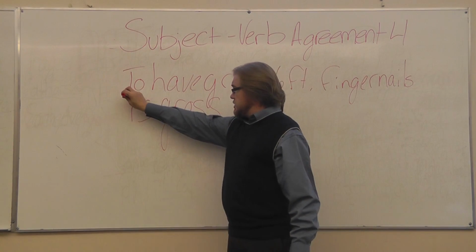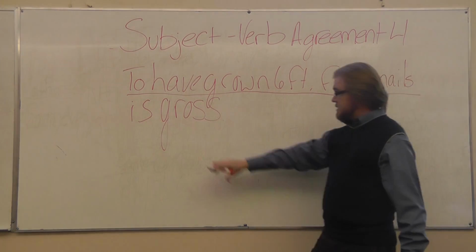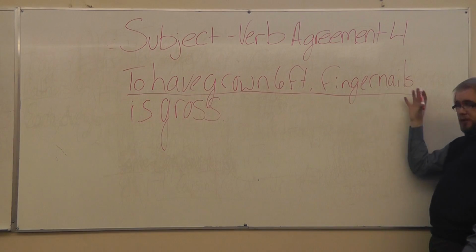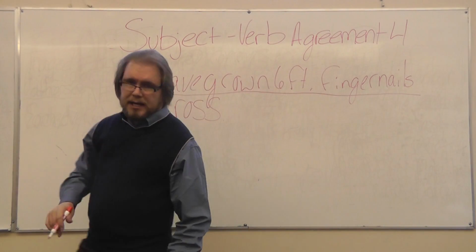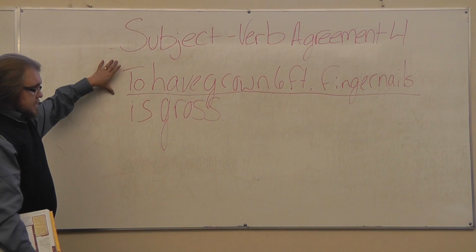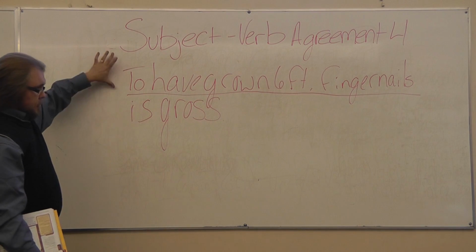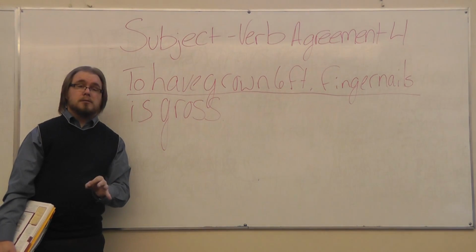But in this case, notice that this entire group of words, this entire infinitive phrase, to have grown 6-foot fingernails, is our subject. It is the thing that is gross. Okay, so here we have the phrase as the subject. What is gross? This whole bunch of stuff. They are always singular.